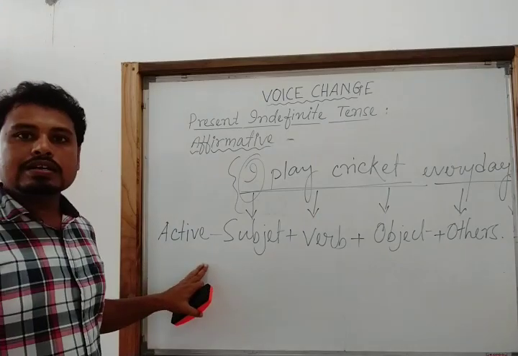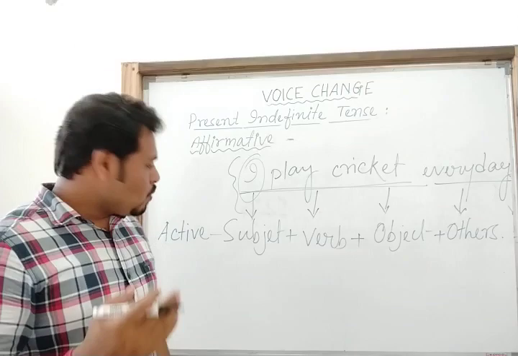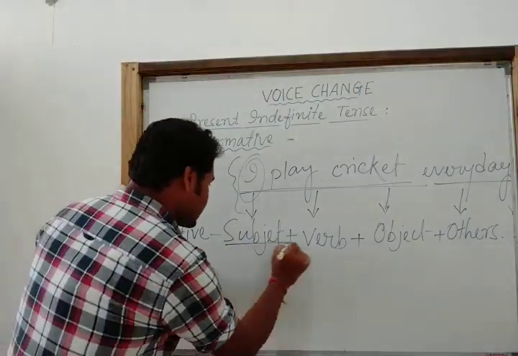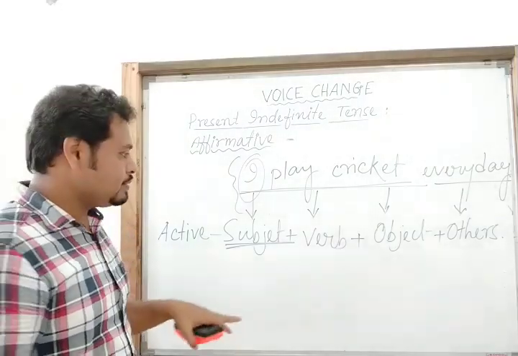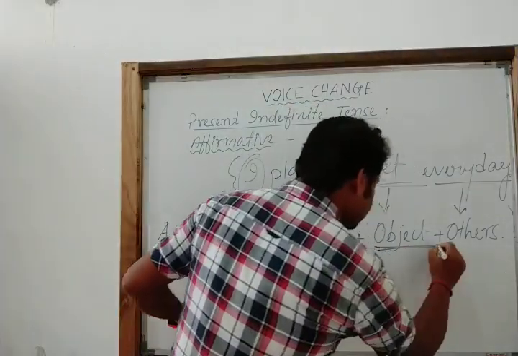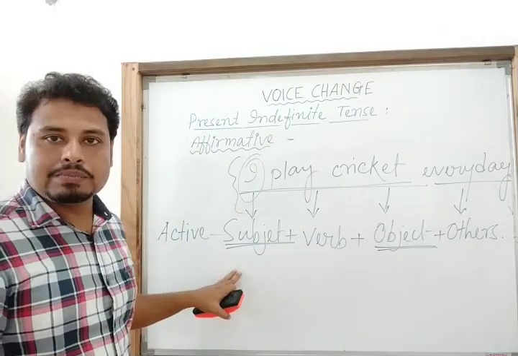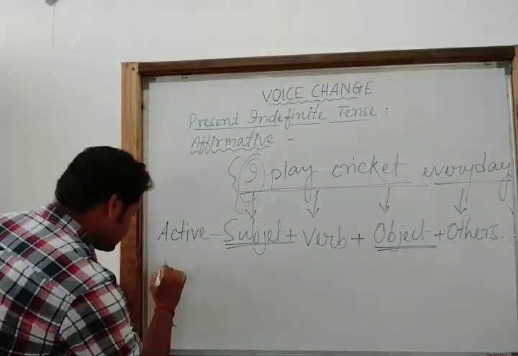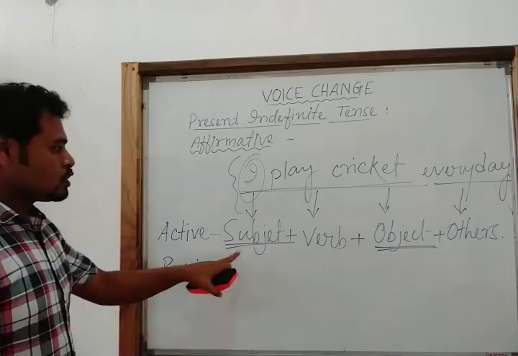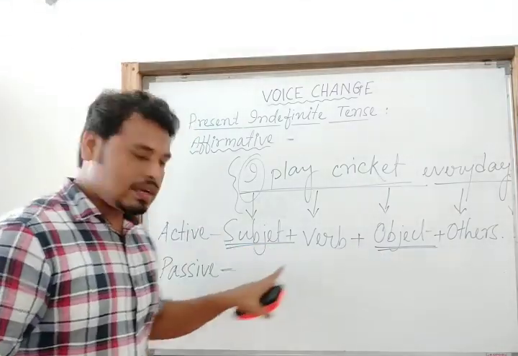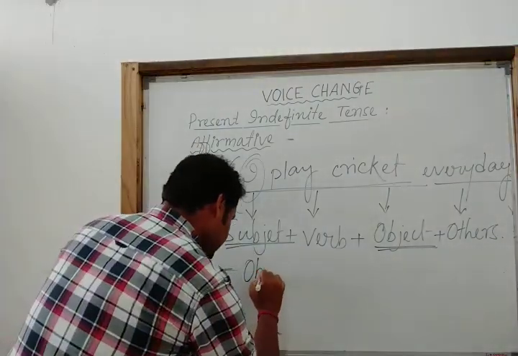Now we need to turn it into passive structure. All of us know the rules: the subject would be kept as the object in passive, and the object would be placed as the subject in passive. So let us write the structure of passive. The object would come in place of the subject, so we must write the object first.